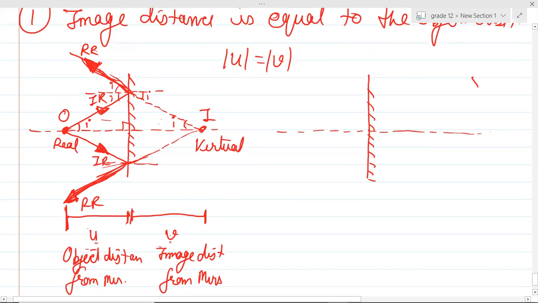In the second case, I'll try to draw. So suppose this is one of the incident rays, and this is another incident ray.